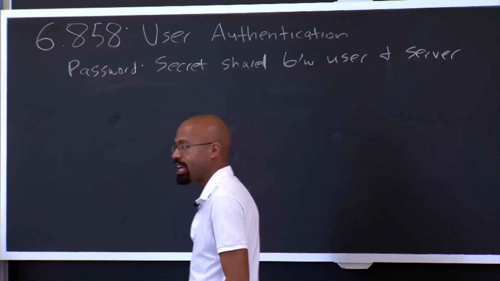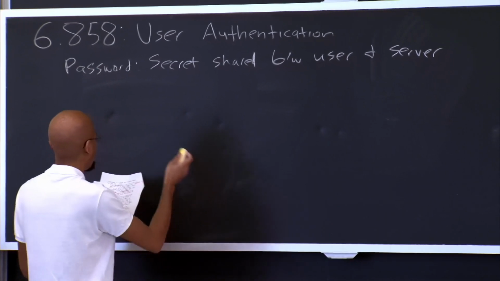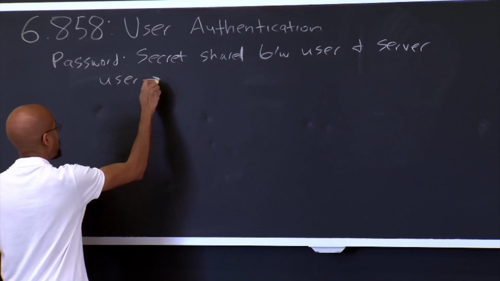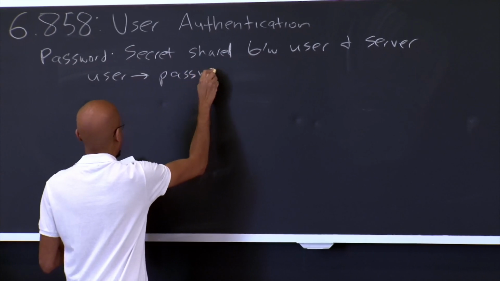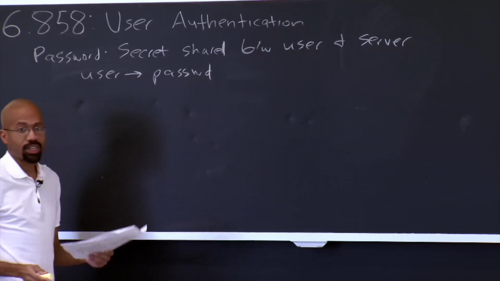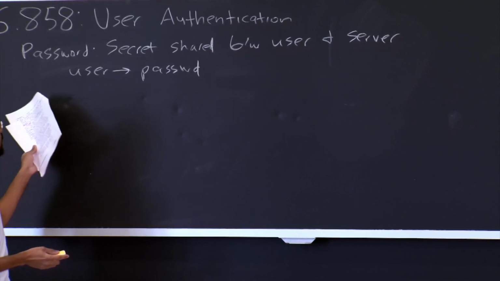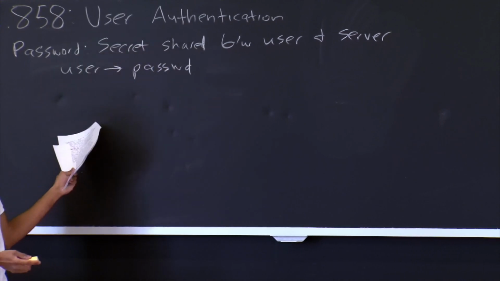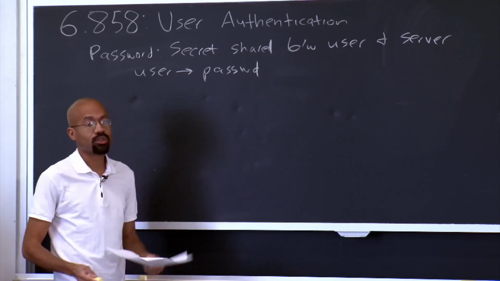The naive implementation of a password scheme is to just have a table on the server side that maps usernames to passwords. That's the simplest way you can imagine implementing one of these authentication schemes. The user passes in their username and their password. The server does a lookup in this table and compares the password that the client supplied to what's in here. If everything's good, the user is authenticated.